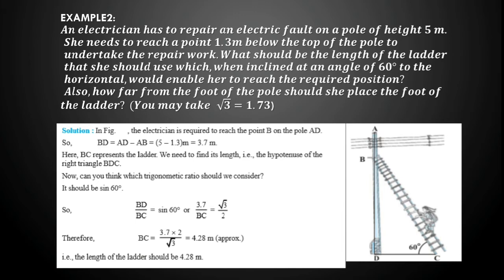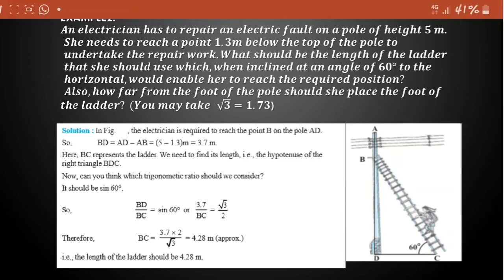What should be the length of the ladder that she should use, which when inclined at an angle 60 degree to the horizontal would enable her to reach the required position? Also, how far from the foot of the pole should she place the foot of the ladder?